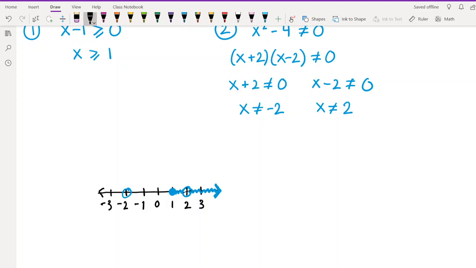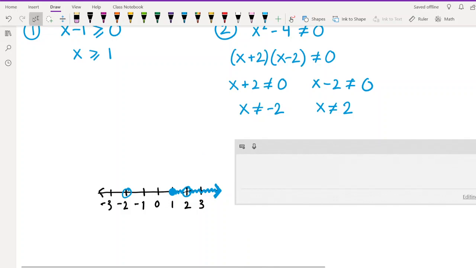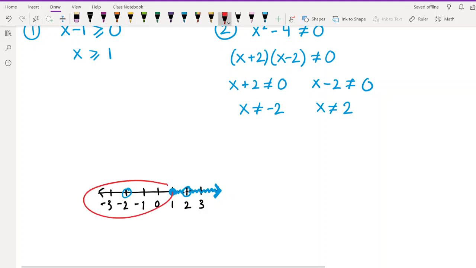So why don't we actually need this open circle here? Well, remember, the open circle is really just meant as a way to show that a number is not included. But we already know that everything over here is not included, right? Because the first inequality already told us that x has to be greater than or equal to 1.